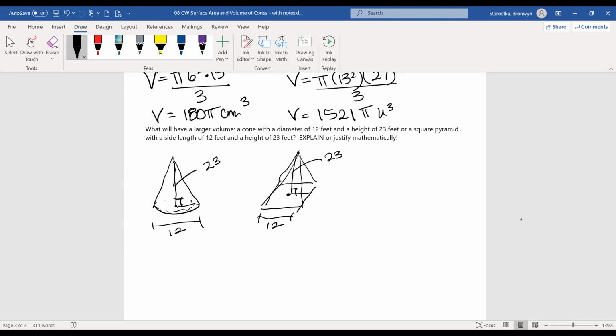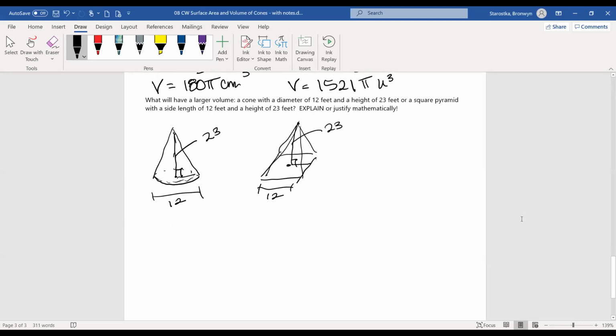Well, here's the thing. They have the same sort of footprint, right? A footprint where I can put a circle inside where my diameter is 12. So what do you think holds more?